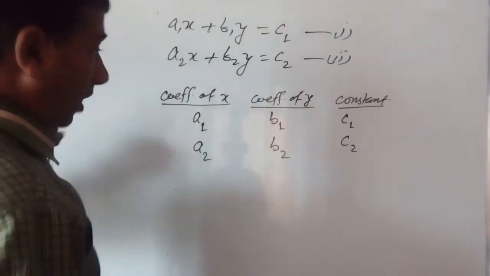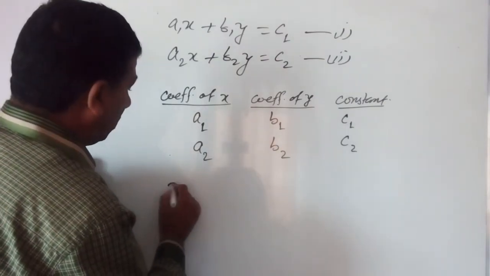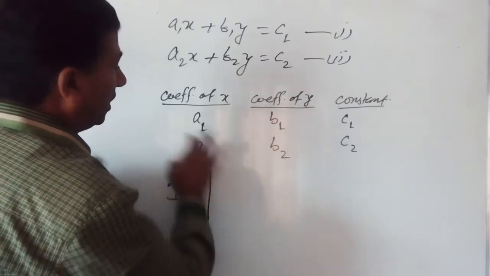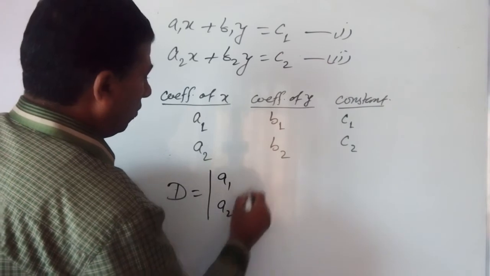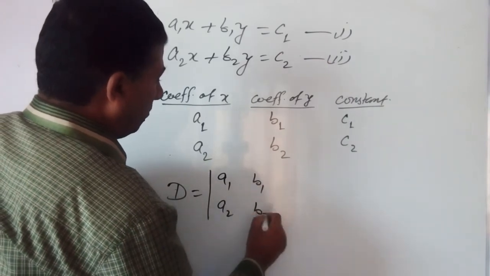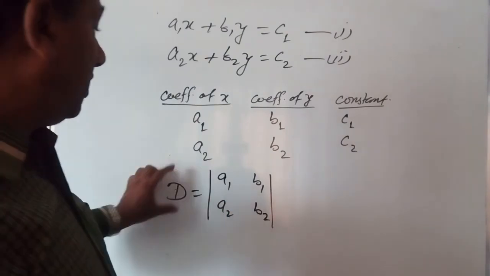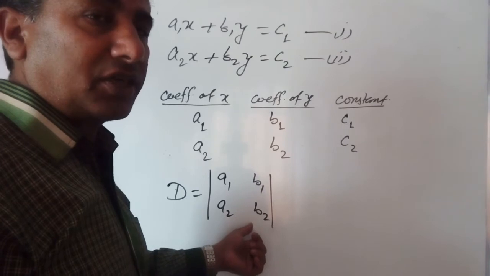Now to write D, the determinant of the coefficients of x and y, take a1, a2, b1, b2. This gives the determinant capital D.